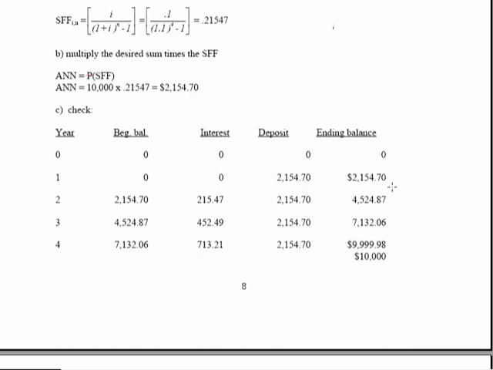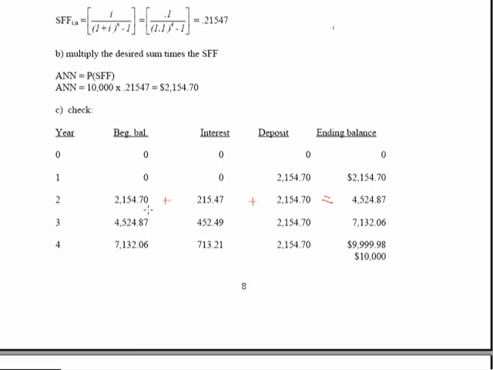The second year we're going to earn interest, 10% interest on our $2,154.70, and also make a deposit of $2,154.70. So adding our interest plus our deposit and our beginning balance gives us $4,524.87.